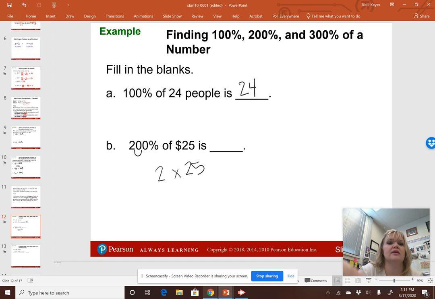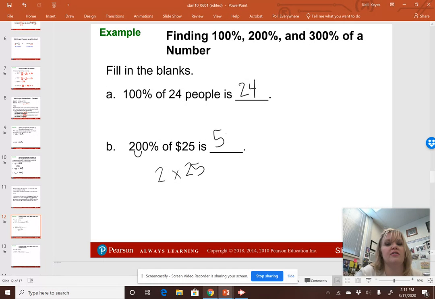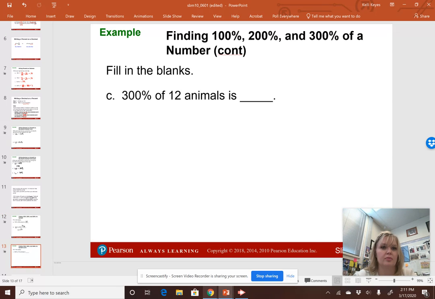That's why it will be $50, because it's twice the whole. And then 300% of 12 animals. 300% is 3 times the entire group. So if 100% is 12, then 12 times 3 is 36. That's what 300% would be.